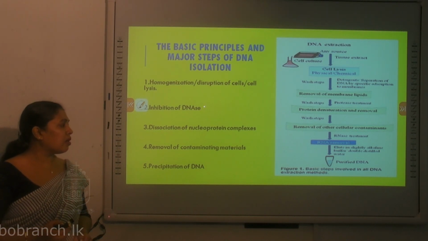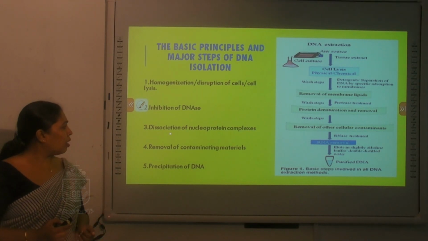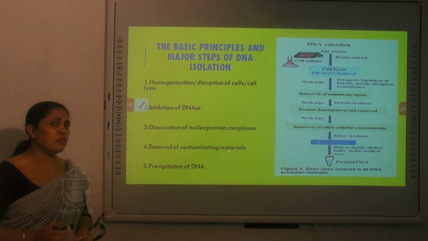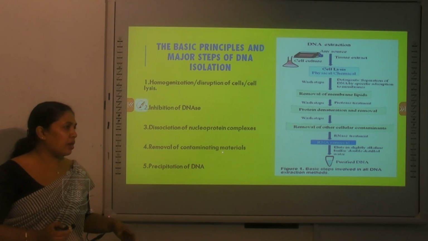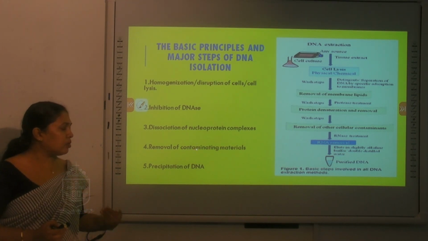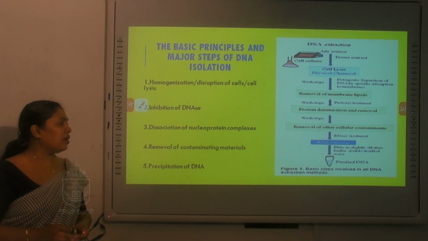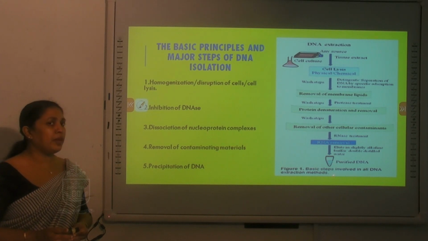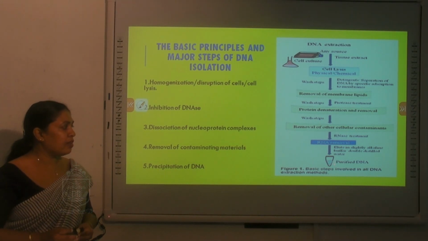DNA is associated with nucleoproteins, so we have to dissociate it. Now all the other organelles and everything are in the suspension, so those are contaminants and should be removed, and then finally the DNA is precipitated as a pure sample.